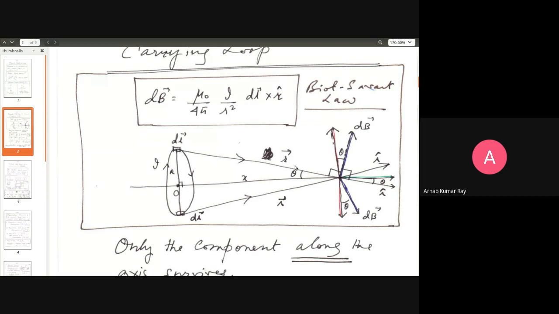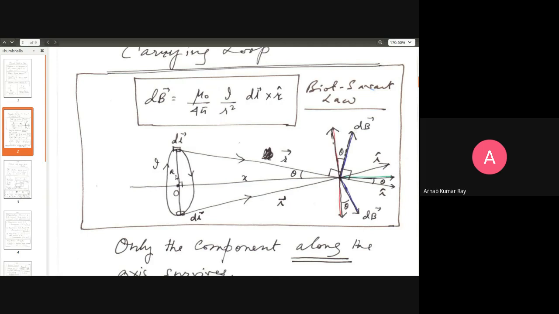This is the r vector, with r cap here. Both are contained in the same plane. Therefore, the first vector swept onto the second vector gives the direction. These purple lines, I hope you are able to see the purple color, will be the direction of dB.